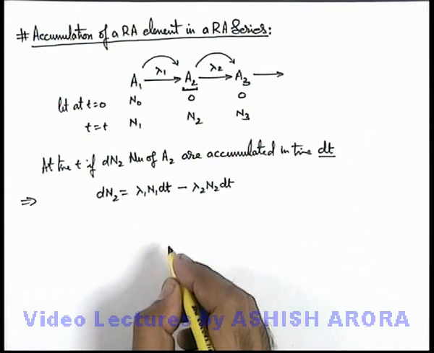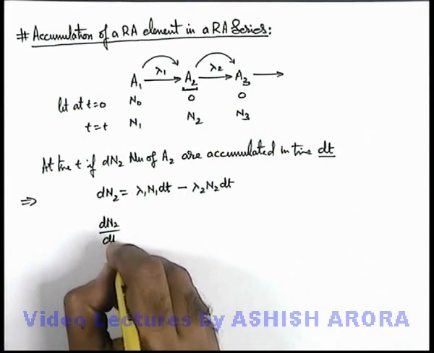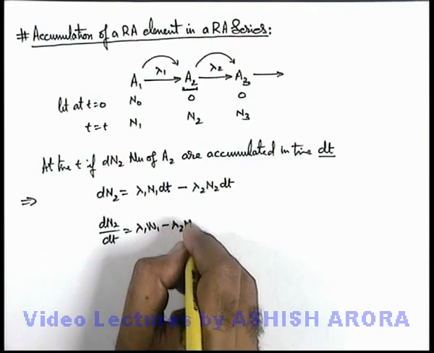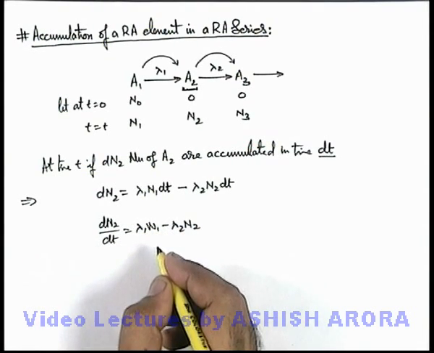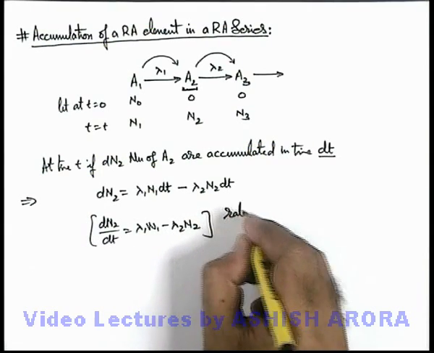So in this situation we are getting dn2 by dt equals lambda 1 n1 minus lambda 2 n2. This is giving us the rate of accumulation of element A2.